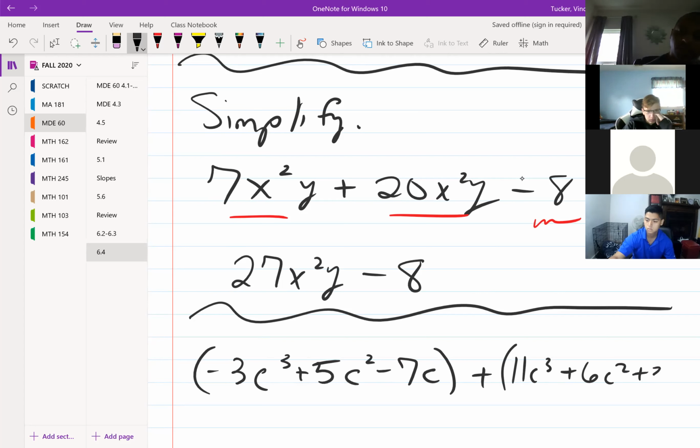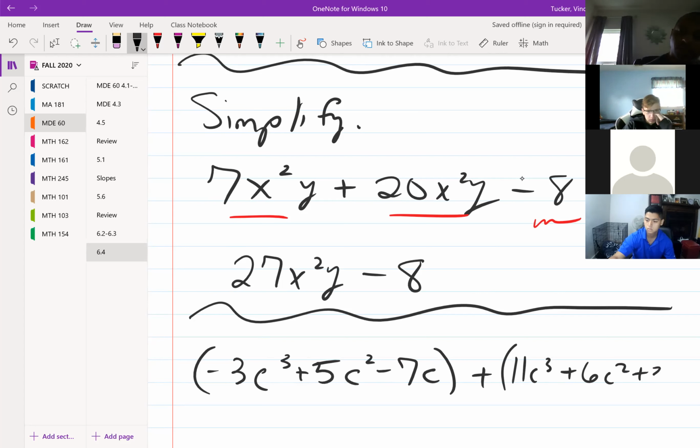All right, so here, 3c cubed plus 5c squared minus 7c equals 11c cubed plus c squared plus 3. So you just combine your like terms.